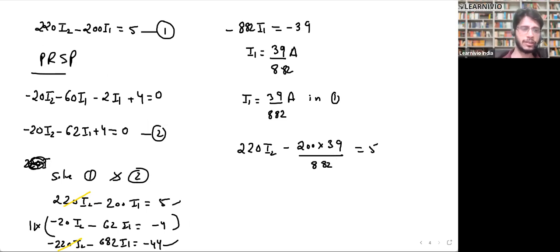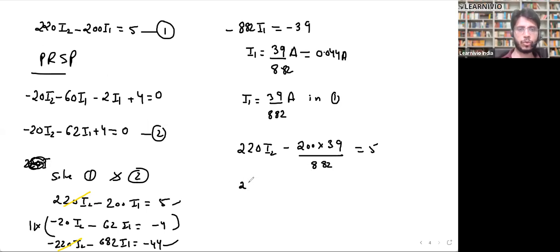Let's convert this to decimals, that will save some time. 39 divided by 882 is 0.044, so I1 is 0.044 ampere.